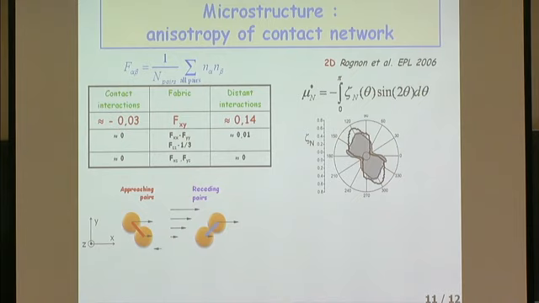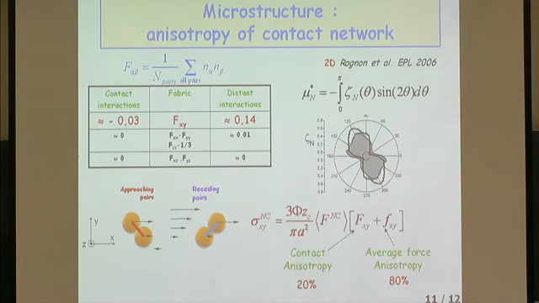We are trying to make such an analysis, but at this stage, what has been measured is the contribution to the shear stress associated to the normal contact forces, which is the dominant part of the shear stress, as a function of the contact anisotropy and the average force anisotropy.